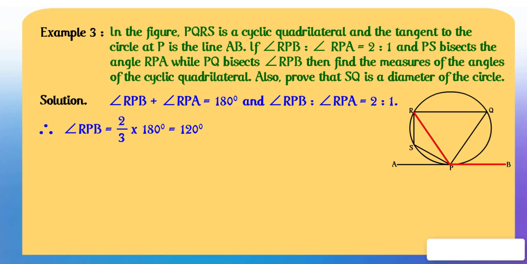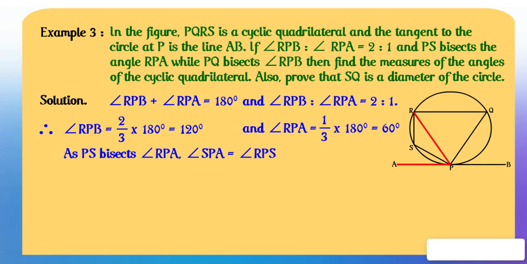Therefore, angle RPB is equal to 2/3 into 180 degrees is equal to 120 degrees and angle RPA is equal to 1/3 into 180 degrees is equal to 60 degrees. As PS bisects angle RPA, angle SPA is equal to angle RPS is equal to half into 60 degrees is equal to 30 degrees.